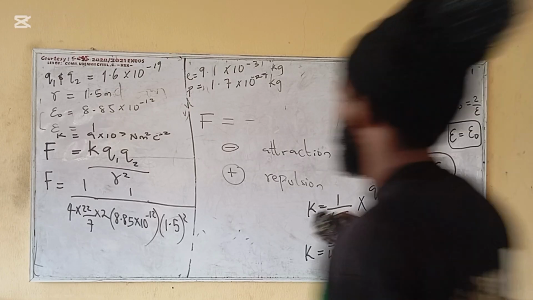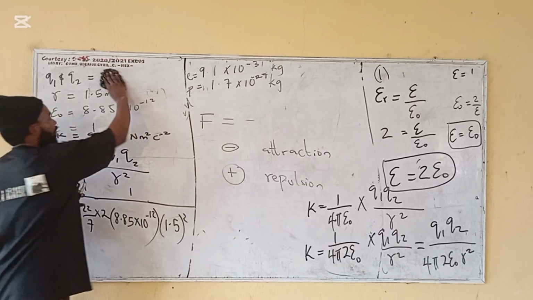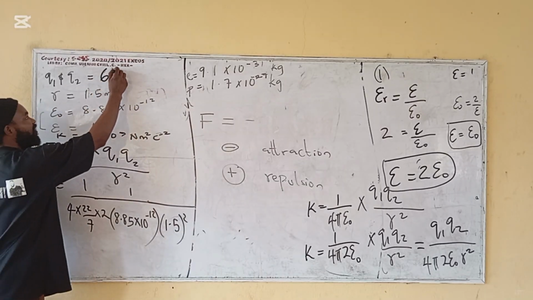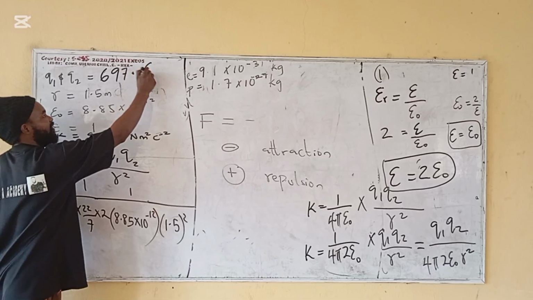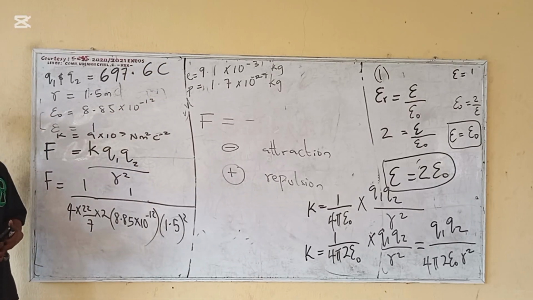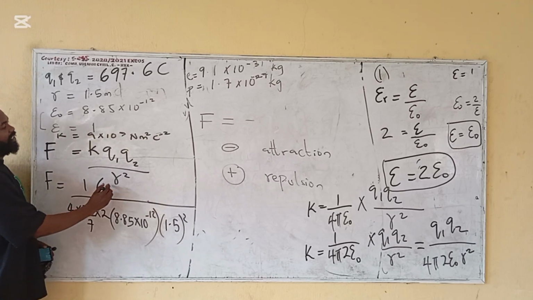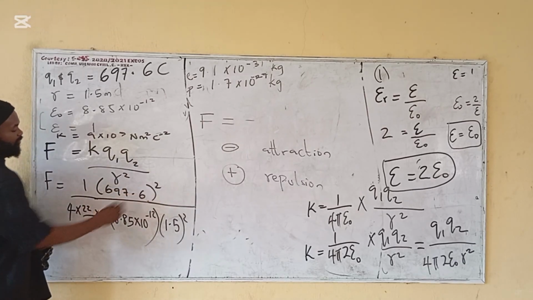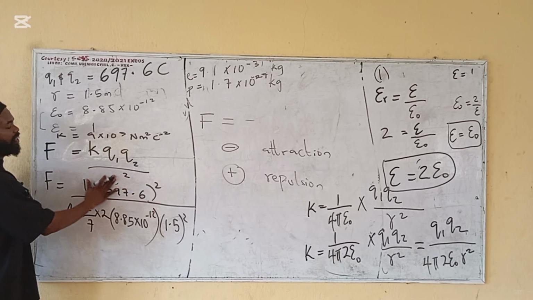Let's not use this charge. 697.6. Wow. That means I'm going to throw away this one and go back to using my normal textbook. So this is going to be 697.6 squared.